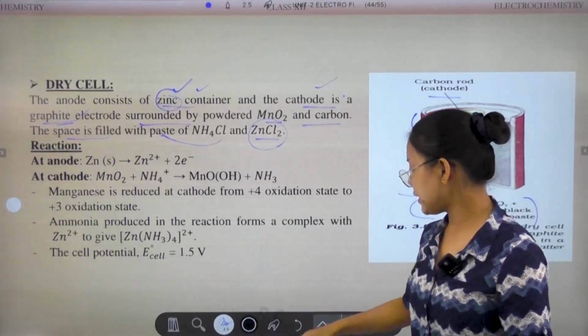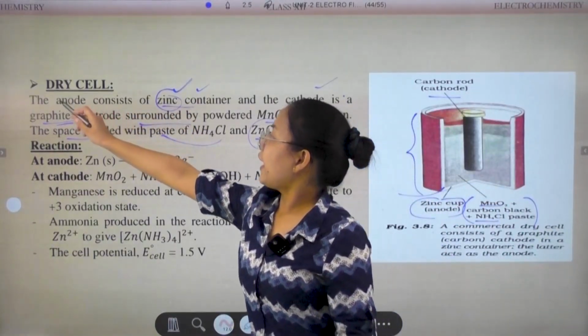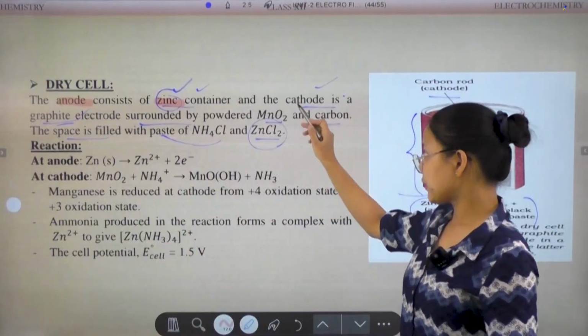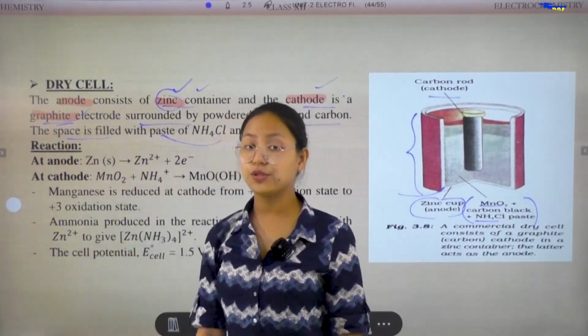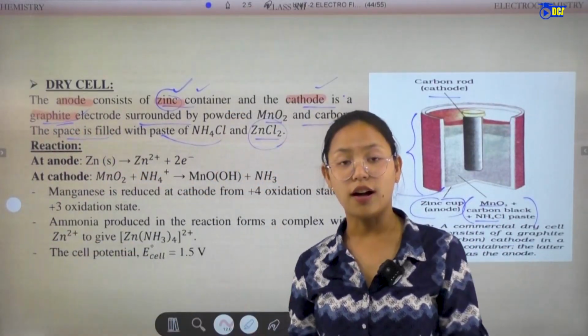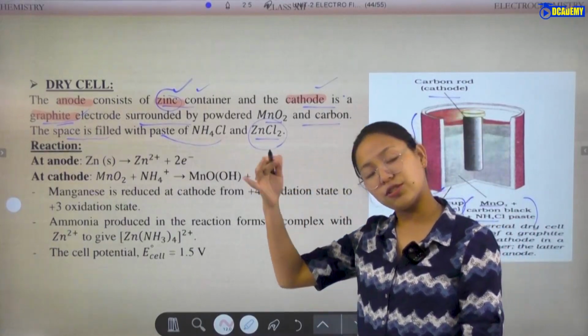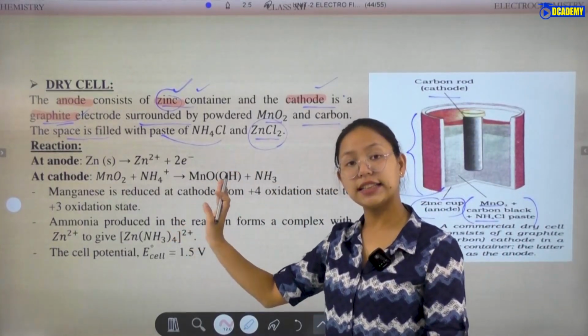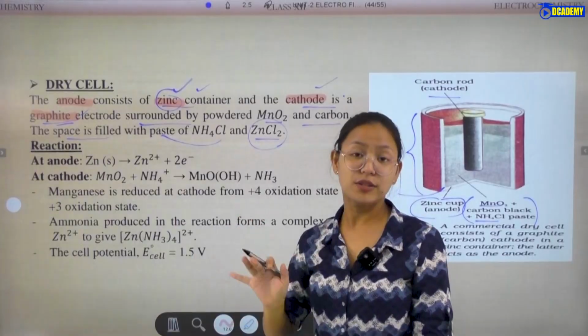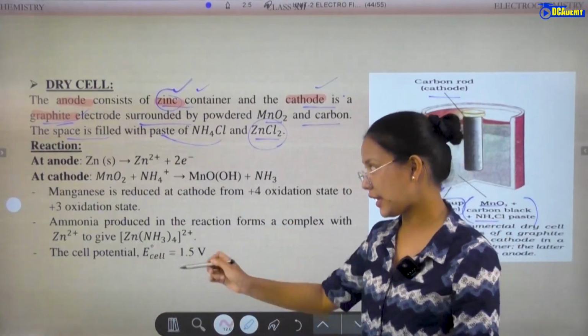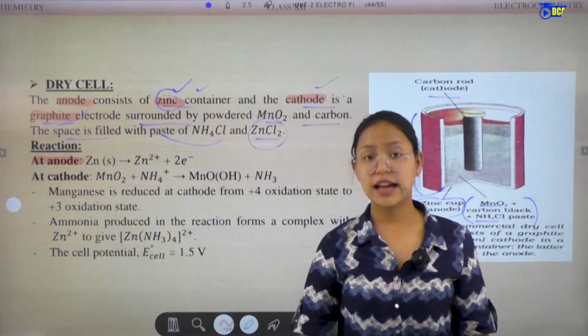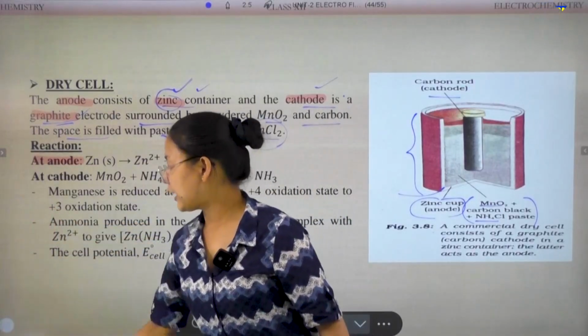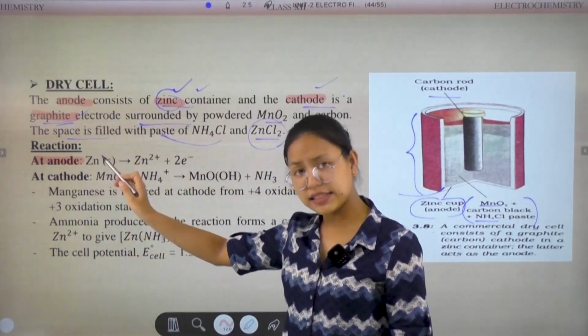Let's see here: the anode is zinc and the cathode is the graphite electrode. The logic is that at the anode oxidation takes place and at the cathode reduction takes place.